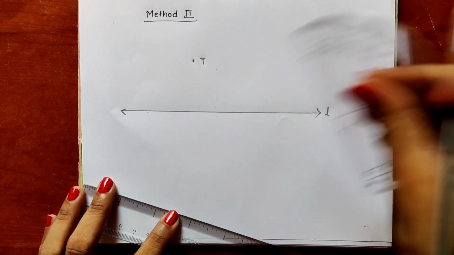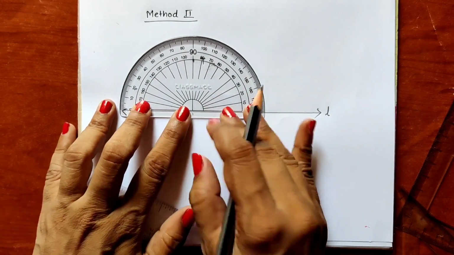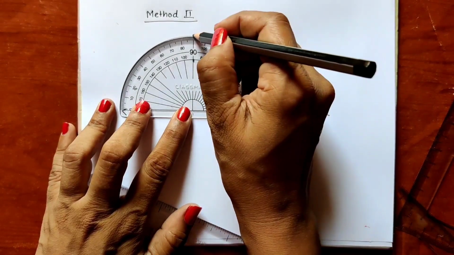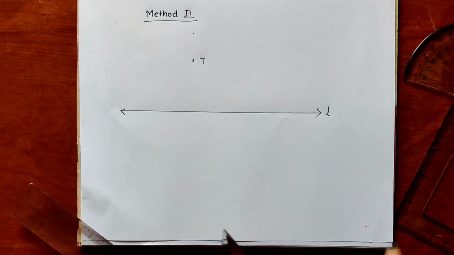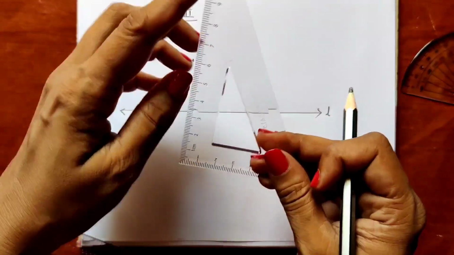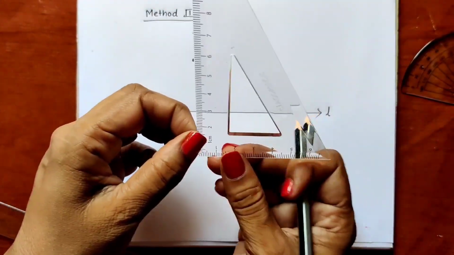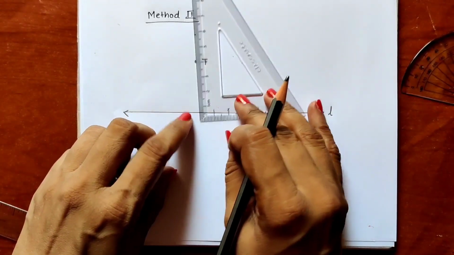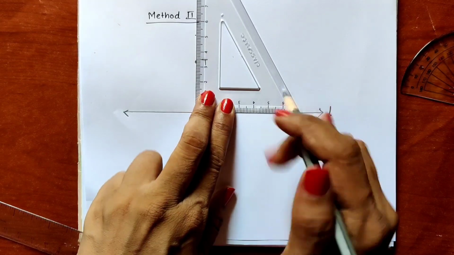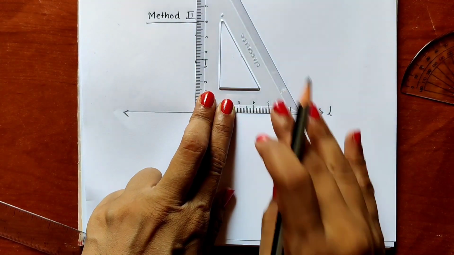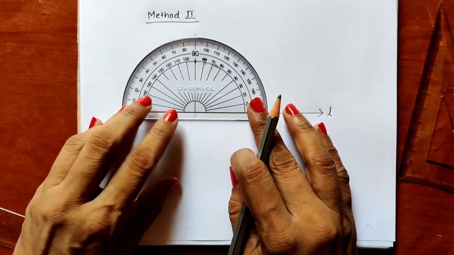We will be using our protractor in such a way that this 90-degree ray should pass through my point T. You can use protractor also, you can use set square also to draw a perpendicular, because this is a right angle triangle, so these two sides are perpendicular to each other. So you can use this set square also to draw your perpendicular ray. I will be using my protractor only, so that my ray will be perfect.